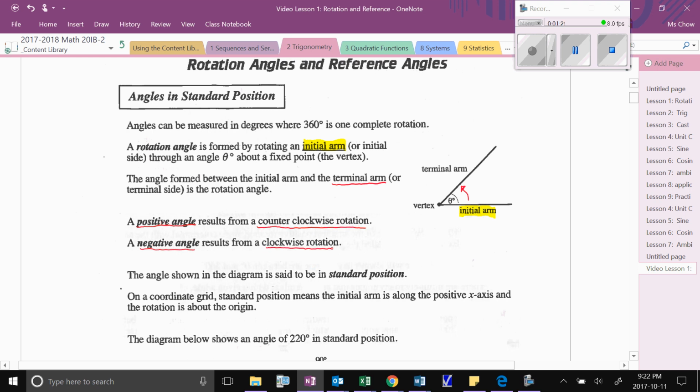In terms of standard position, we are looking at the vertex being on the origin and the initial arm being on your positive x-axis. So the vertex is on our origin, or (0, 0), and the terminal arm is anywhere as it rotates around the vertex.